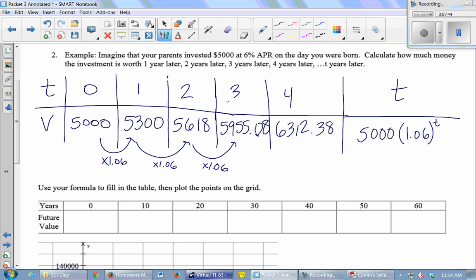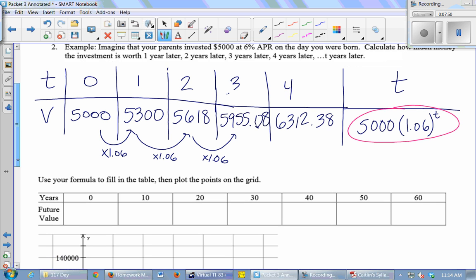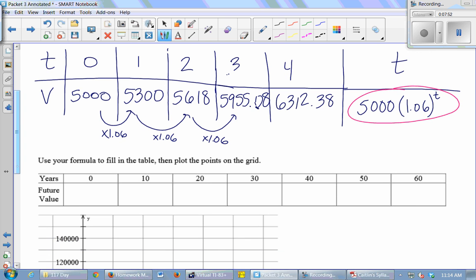Now that I have an explicit formula for the value of my account after t years, let's calculate how much money is in there after 10, 20, 30, 40 years instead of just 1, 2, 3, 4. So in year 0, there's $5,000.